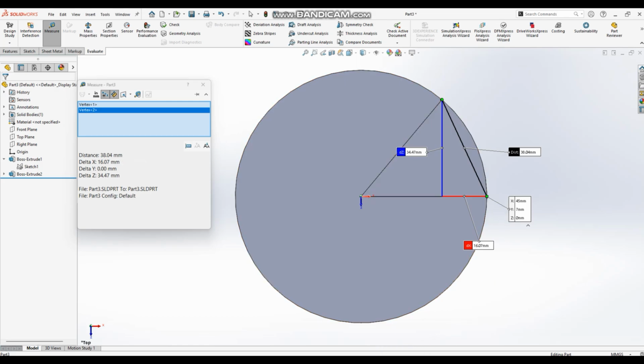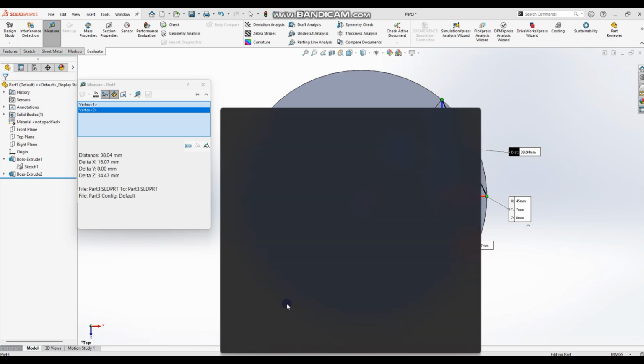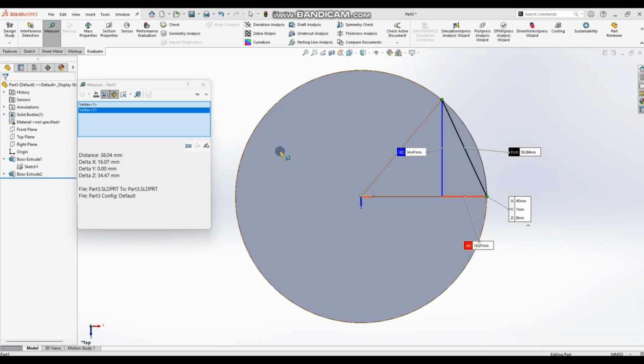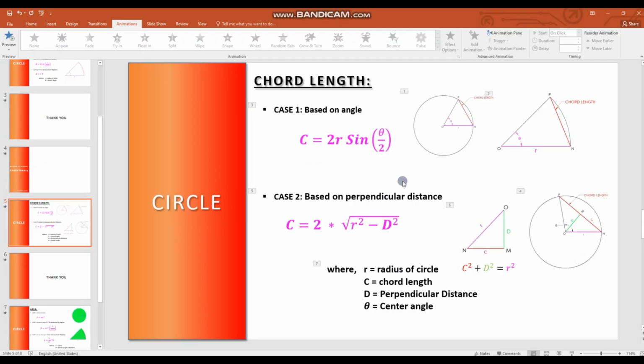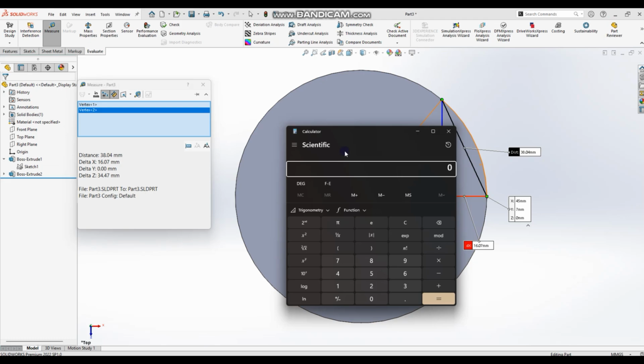Let's see theoretically what value we get. Taking the calculator, what is the formula for finding chord length based on angle? C equals 2 r sine theta by 2. We know the diameter is 90, so we need the radius: 90 by 2, 45.